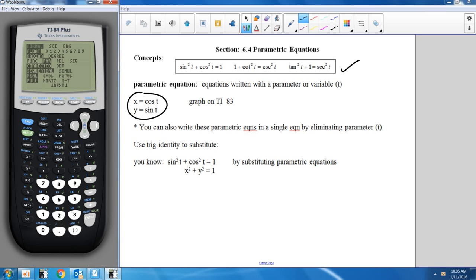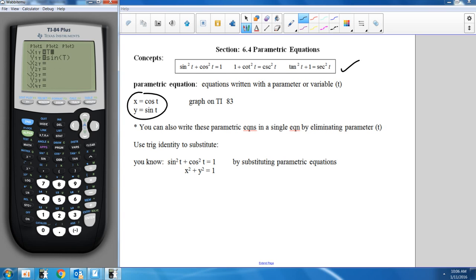Now watch what happens when I go to y equals. You're going to see an x sub 1, y sub 1. Your calculator will automatically adjust to parametric mode. These two equations are going to be in terms of one graph.